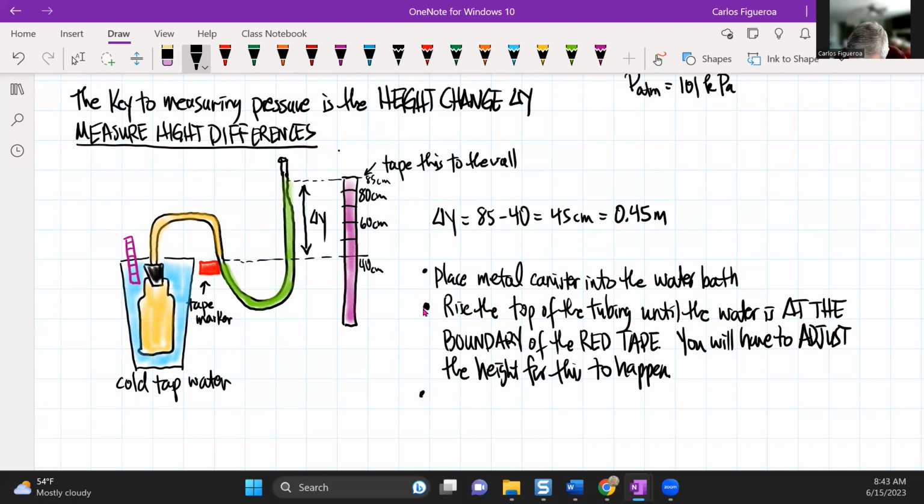So then, after measuring pressure and temperature, let the canister reach room temperature.